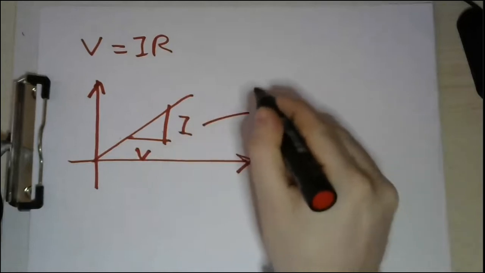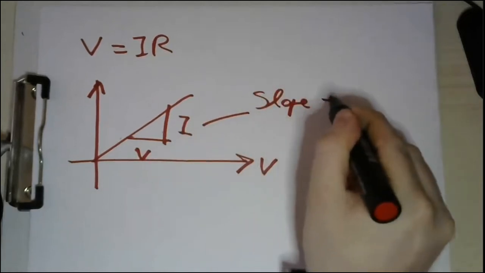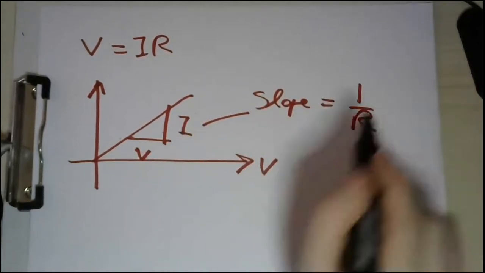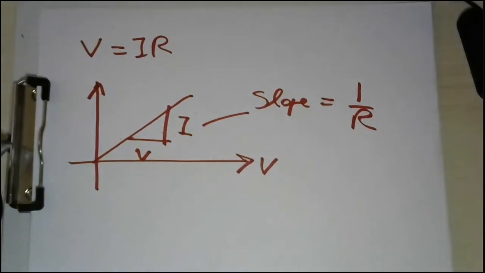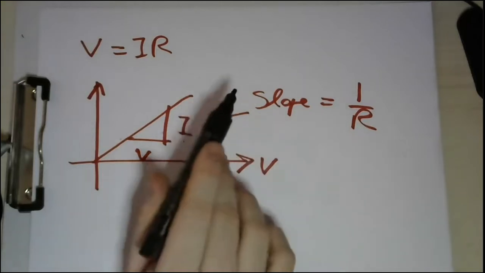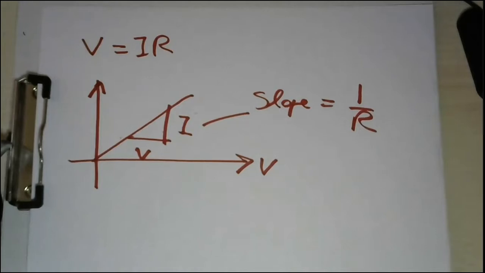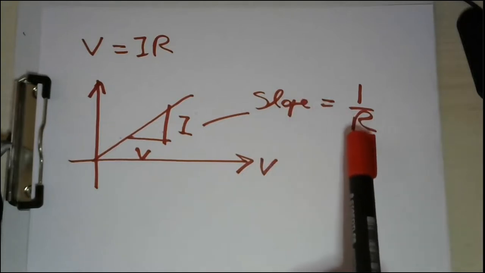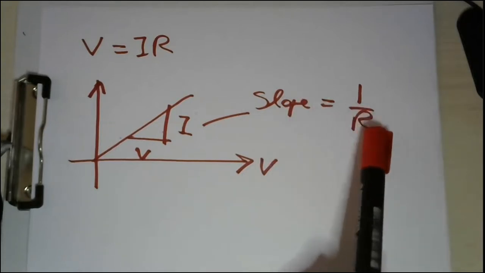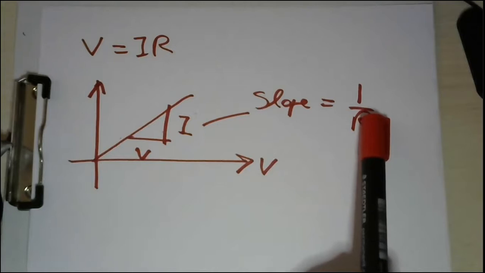So the slope here equals 1 over R. Accordingly, by varying R, the slope will vary. Let's plot two extreme conditions together. What if R is equal to 0, and what if R is equal to infinity?